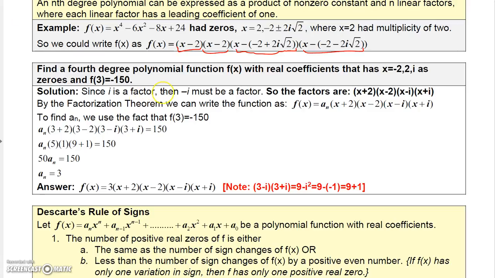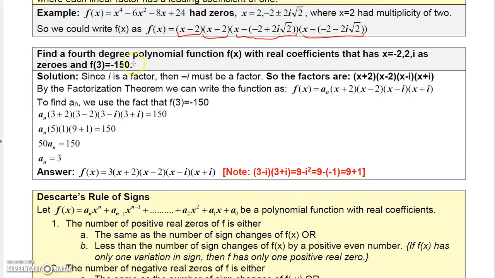Now, this next question says find a 4th degree polynomial f of x that has real coefficients and minus 2, 2, and i as zeros. So it's got to have real coefficients, but the zeros are minus 2, 2, and i.